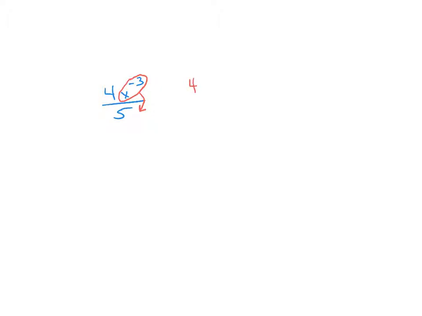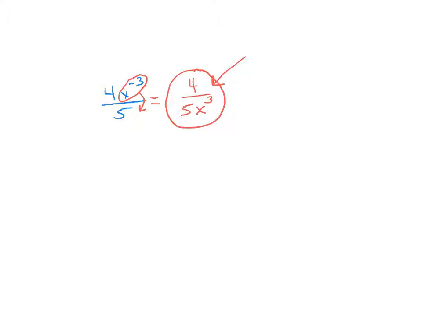The 4 would stay at the top. The 5 is going to stay at the bottom because I'm not doing anything with that, but I would have 4 over 5x to the third if I wanted to change that so it does not have a negative exponent. These are equal to each other, but mathematically I cannot have a negative exponent, so I would need to write it like that.